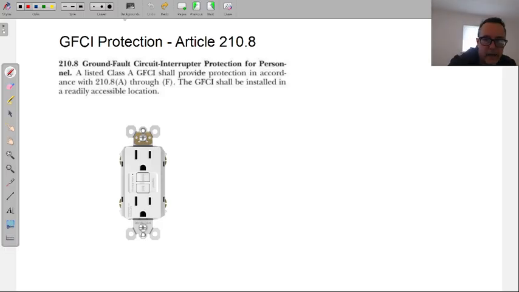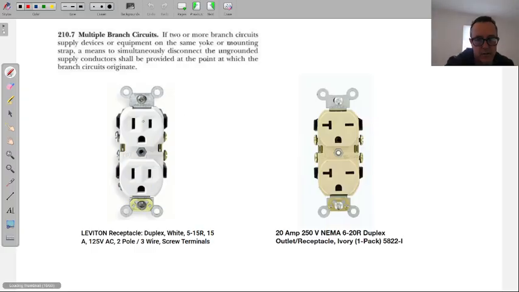This one is, by the way, something that you should start to memorize. If you're not memorizing it, don't worry. But if you can, try to recognize those 2 configurations separating 20 and 15.